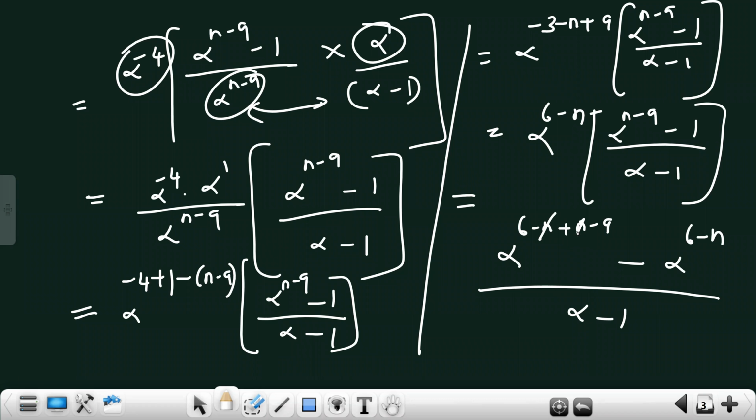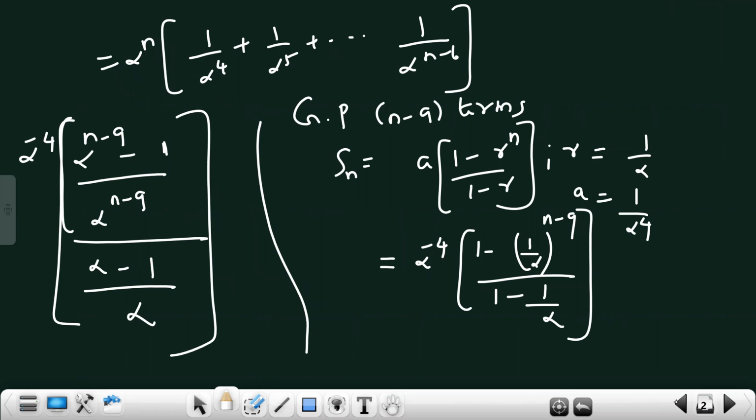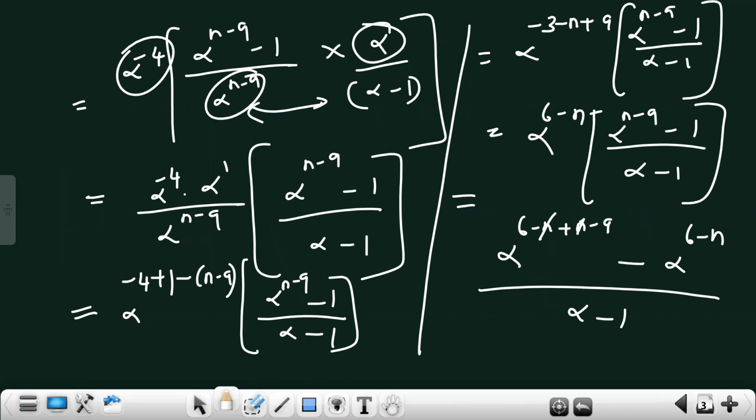So we have to multiply alpha to the power n to get y of n. What is alpha to the power n? Alpha to the power n is outside, yes. So the final answer will go like this.